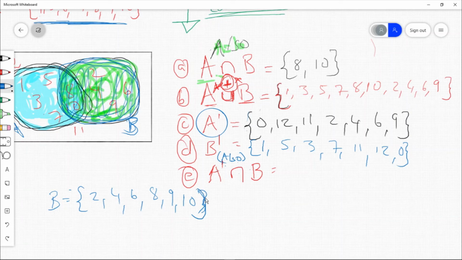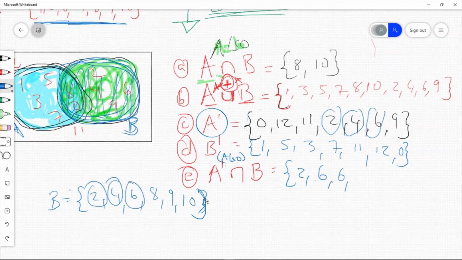So we'll look at the intersect of A naught and B, and we can see there's a 2 there, 2. Then we have a 4 here, and there's a 4 there, and we have a 6 here, 6 there. And what else do we have? Do we have any other numbers? 8, 9, 10. We have a 9.